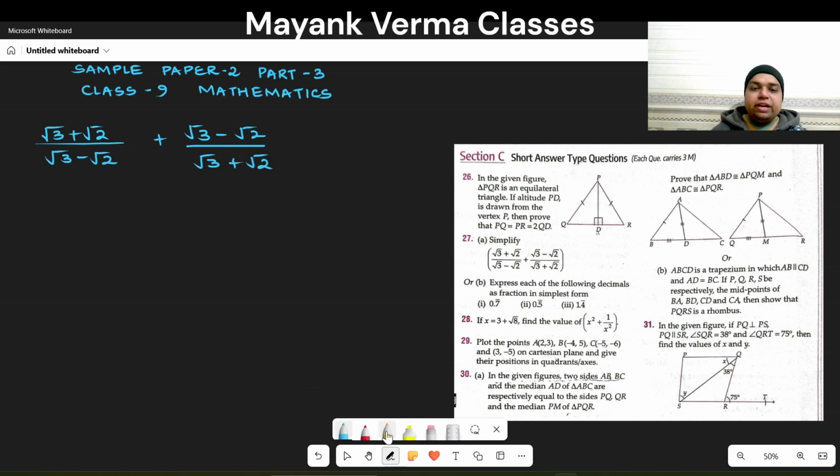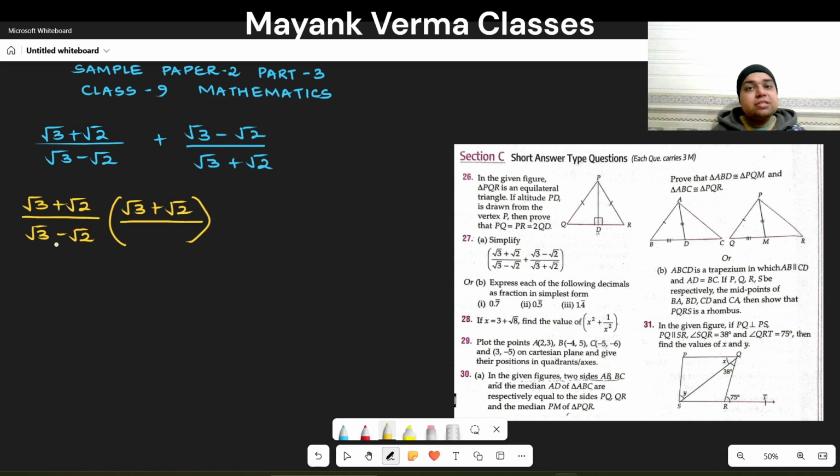Okay, so what we can do, we can first do rationalization of this. So root 3 plus root 2 upon root 3 minus root 2 will get multiplied with root 3 plus root 2. Always remember, in rationalization, whatever sign the denominator has, we will just flip it and multiply.